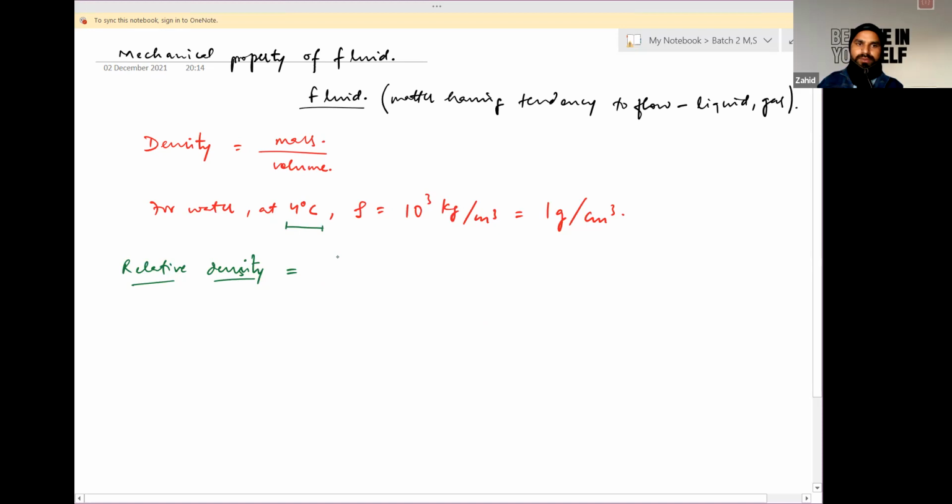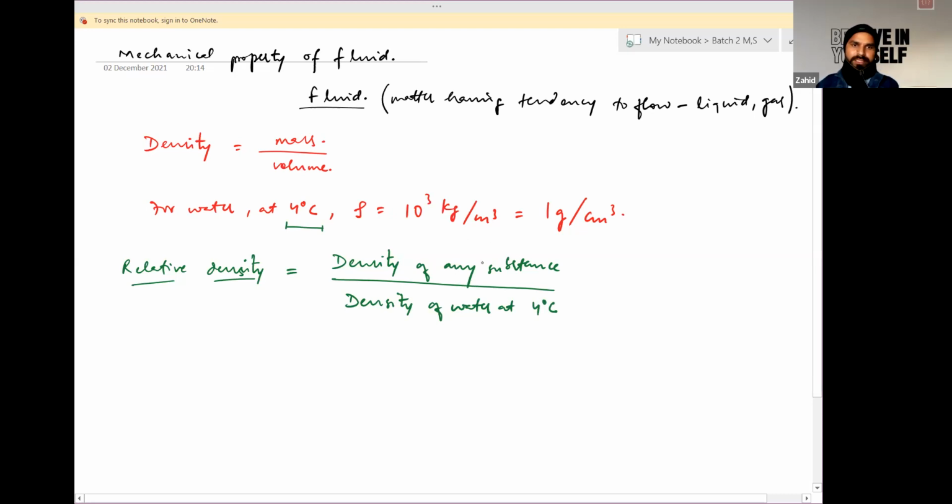Relative density equals density of any substance divided by density of water at 4 degrees Celsius. So this is a ratio having the same unit in numerator and denominator, so it will cancel out.